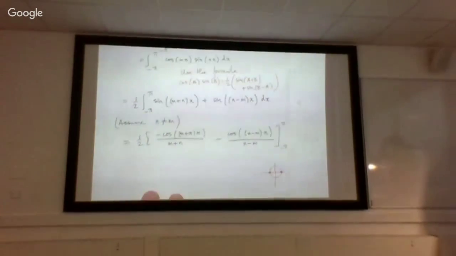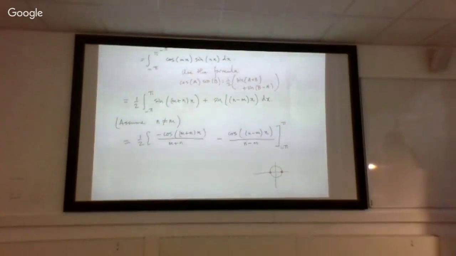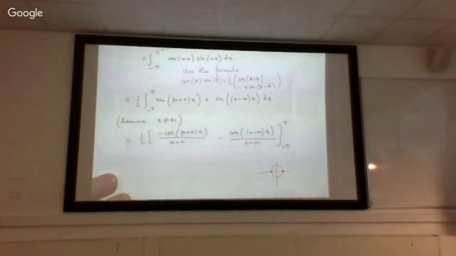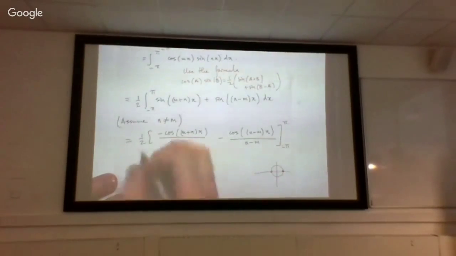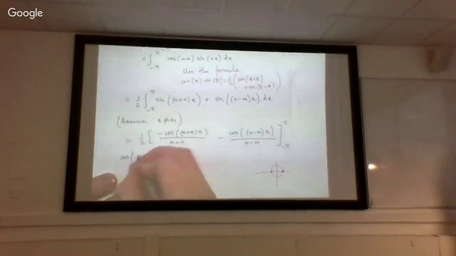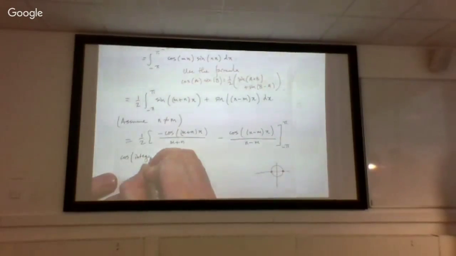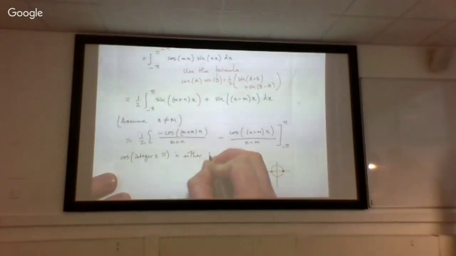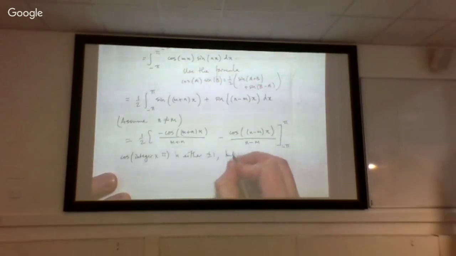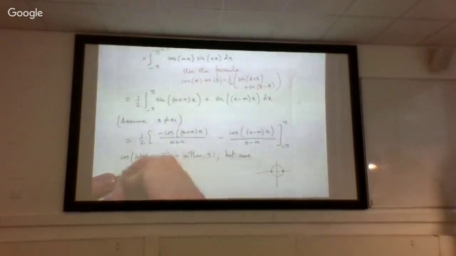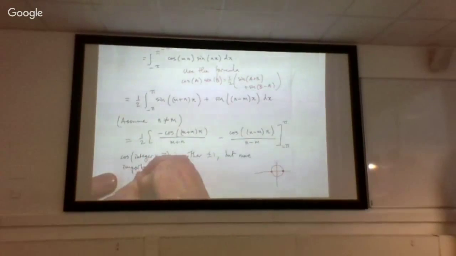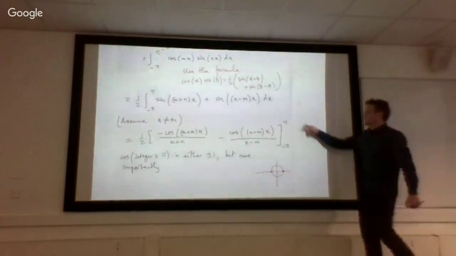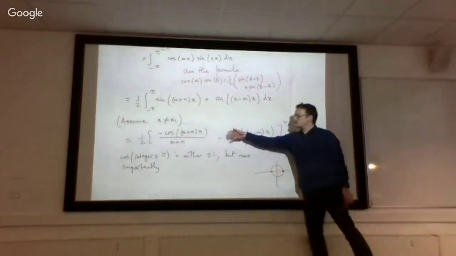Okay, but even more than that, in fact, I don't think it really boils down to that here actually. Cosine of an integer times pi is either plus or minus 1. But more importantly, we don't even need to get down to it on that level because they're just cosine functions.